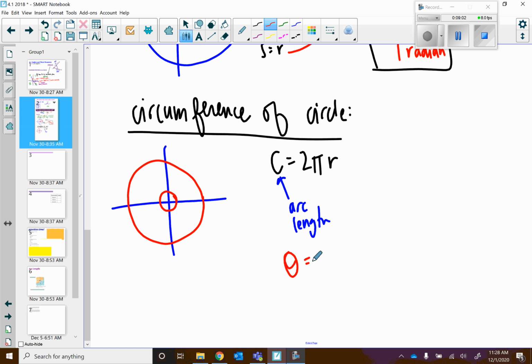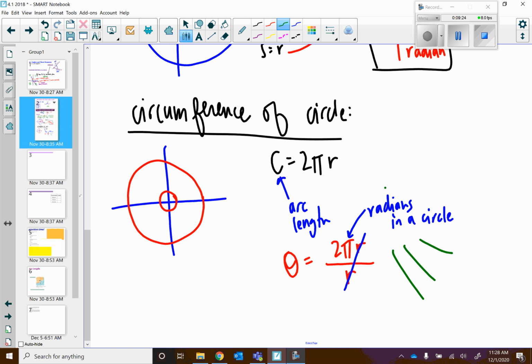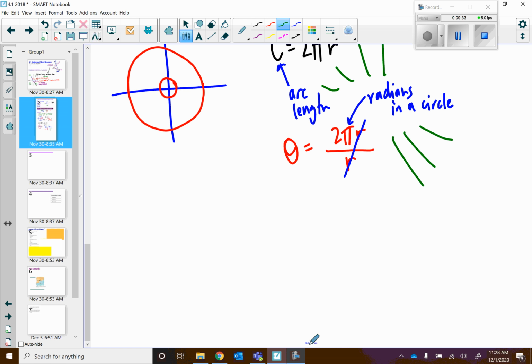Well, theta would be equal to this arc length, 2 pi r, divided by the radius of our circle. Notice, r and r can cancel, and what we just found out is that there are 2 pi radians in a circle. This is honestly the biggest thing from this lesson that you need to know. If you learn nothing else today, remember that there are 2 pi radians in a circle.